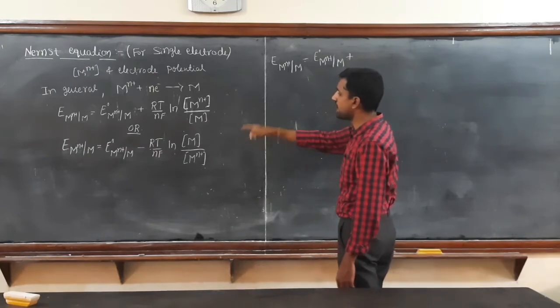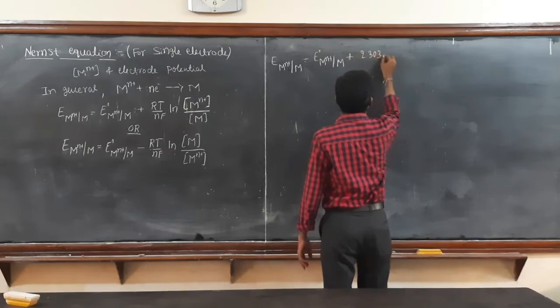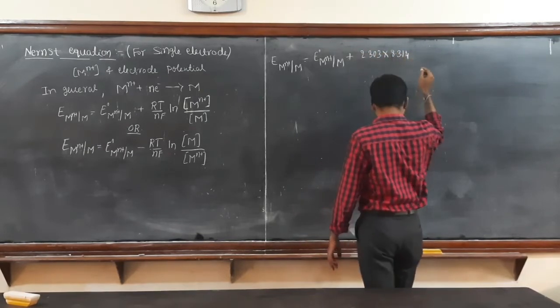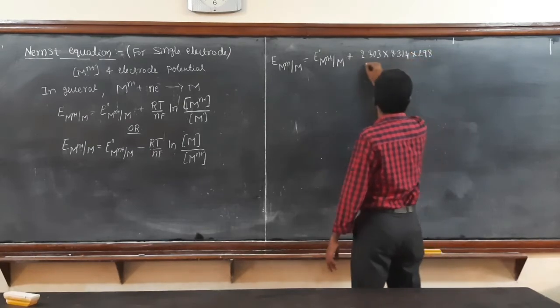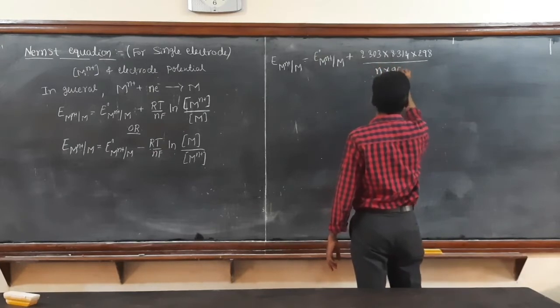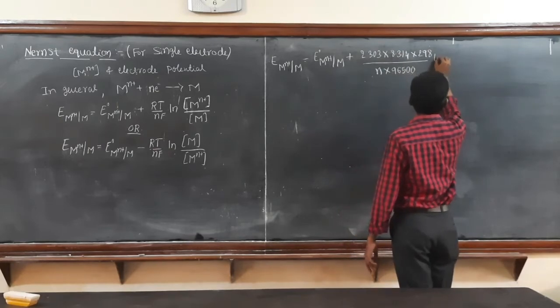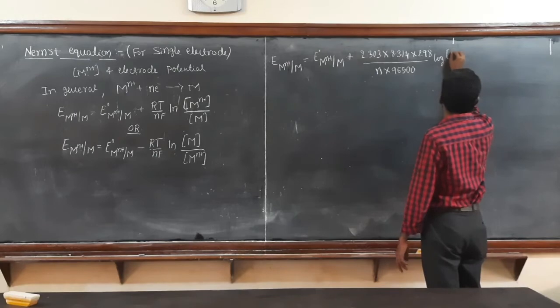If you change ln into log, multiplying by 2.303, with R as 8.314, temperature 298, and Faraday's constant 96,500 coulomb per mole, then as usual log of the concentration of Mn+.